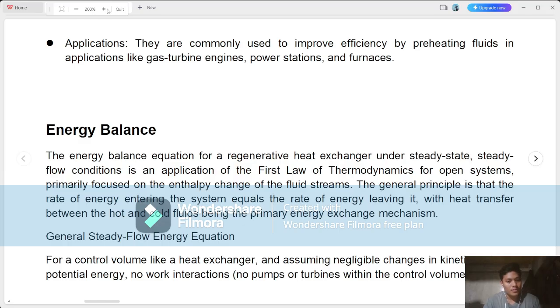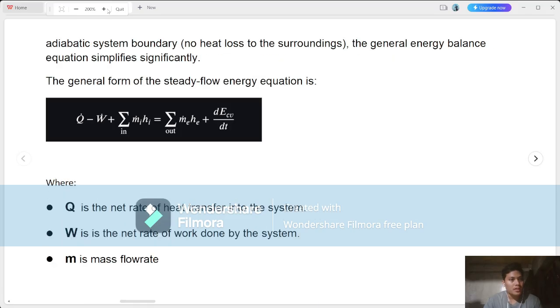General steady flow energy equation. For the control volume like a heat exchanger, and assuming negligible changes in kinetic and potential energy, no work interaction, no pumps or turbines within the control volume, and an adiabatic system boundary, no heat loss to the surroundings, the general energy balance equation simply signifies Q minus W plus summation of m times h in equals summation of m times h out plus dE over dt.